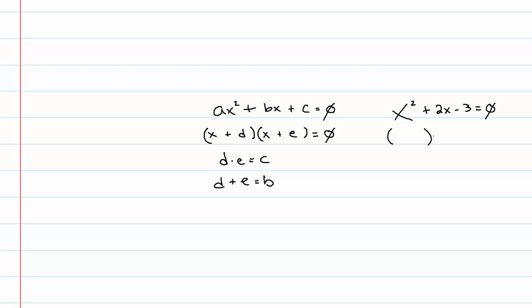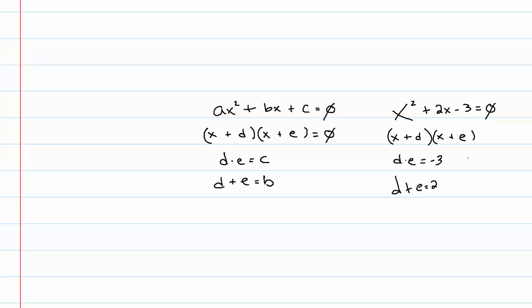Well, we'll make our parentheses, and we need to solve for these two numbers. D times e should give us c, and c is the coefficient without any variable, which is negative 3, and d plus e should give us 2.